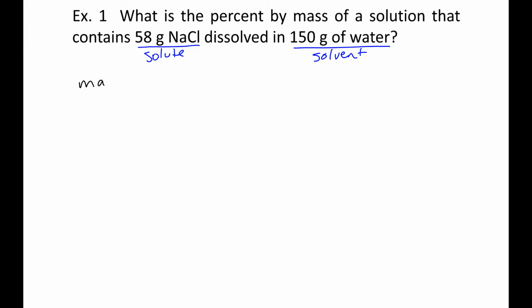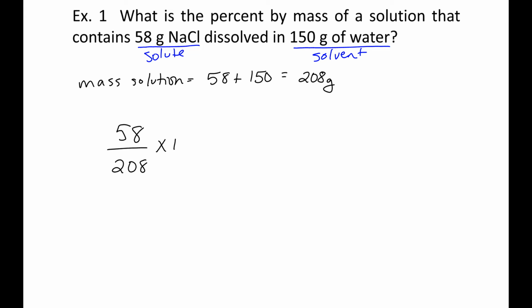The mass of the solution is 58 plus 150, which is 208 grams. So now we can plug this into the equation. It's 58 divided by 208 times 100, and this gives us 28% by mass.